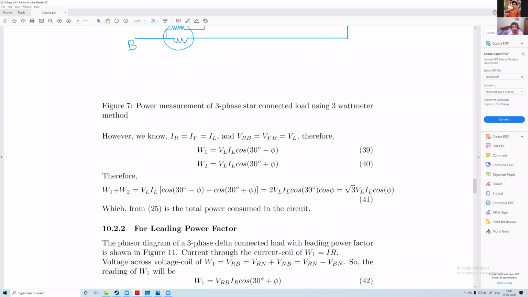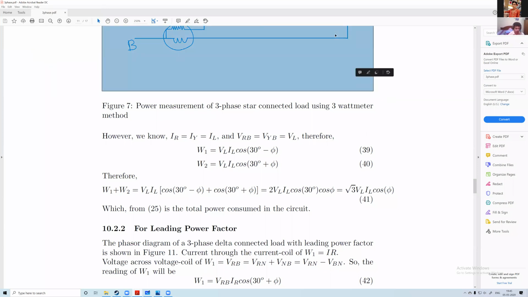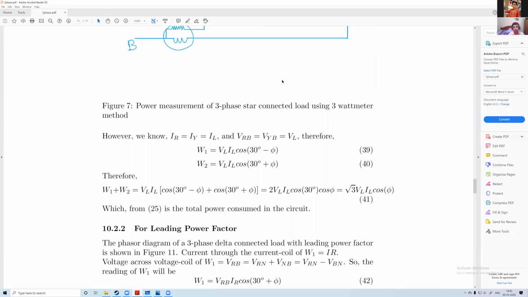Why is the chat vanishing? Voltage. No. This is creating a problem.